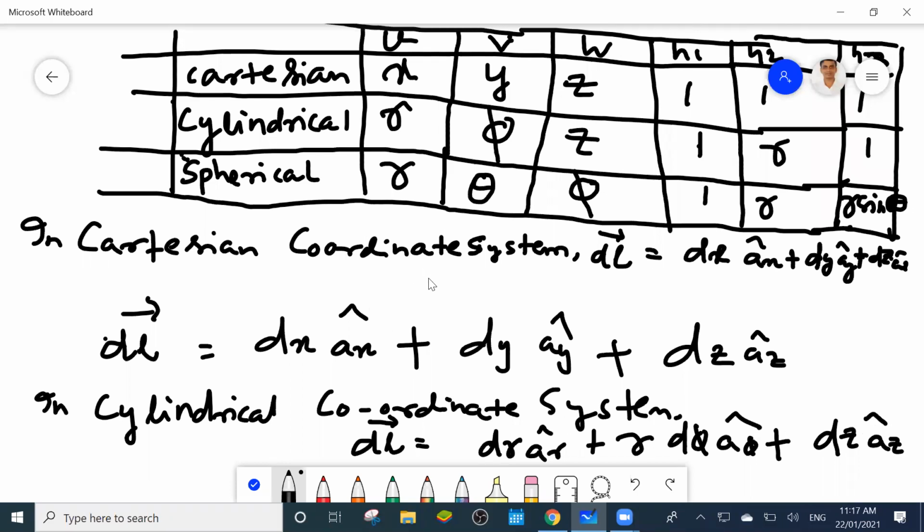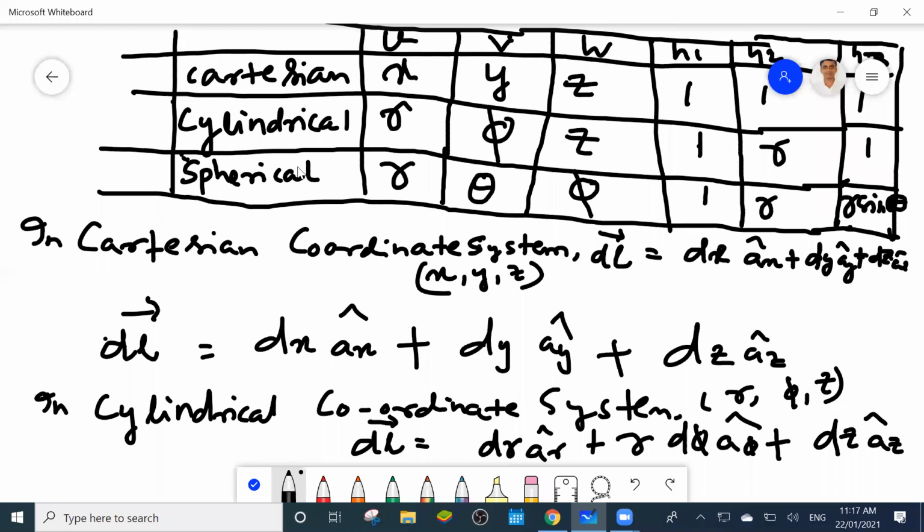Cartesian coordinate system means you have to write dL in terms of the x, y, z coordinate system, and cylindrical coordinate system means you have to write in terms of r, phi, z. Yes or no? Any doubt?